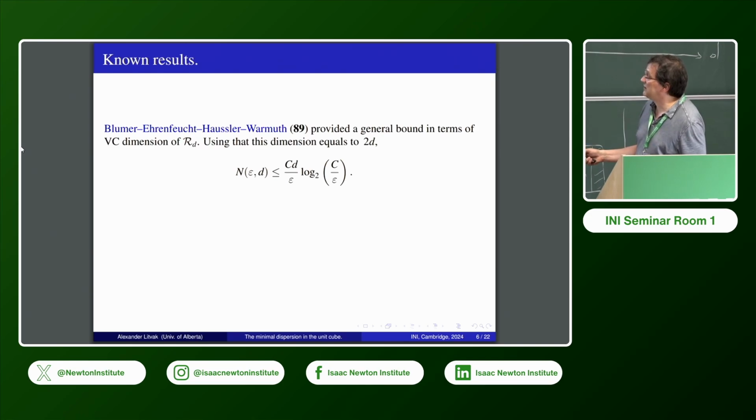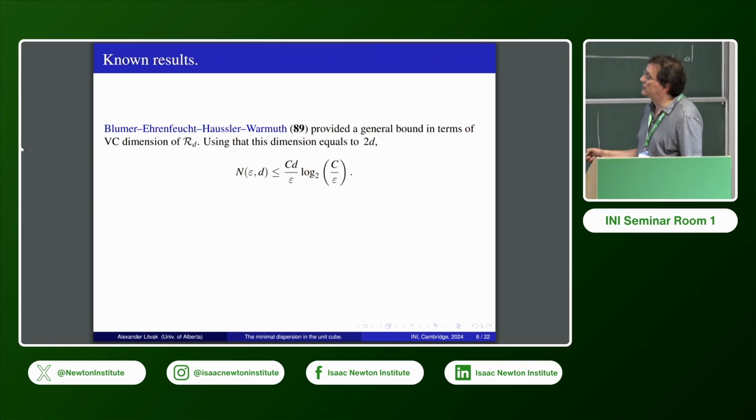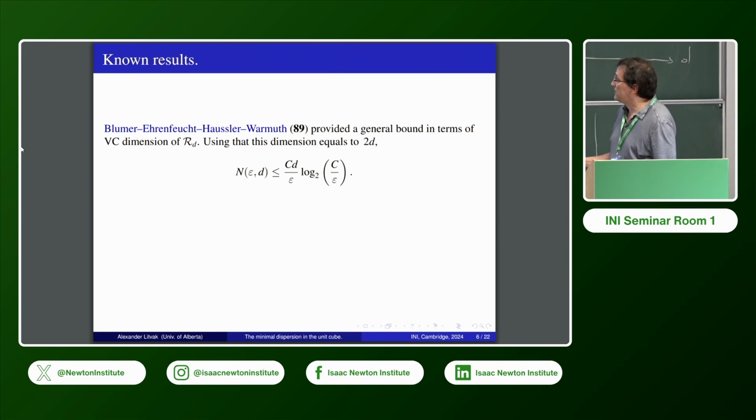So their bound can be formulated like this, and here we already have a better power of d, but the price is that we have logarithm 1 over epsilon. That's why I say that there is a huge difference between extremely small epsilon and not so small epsilon.